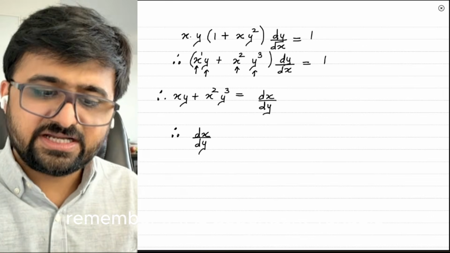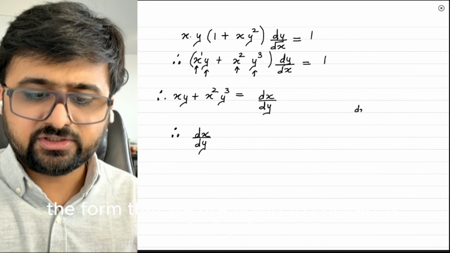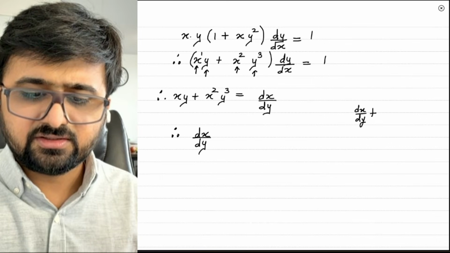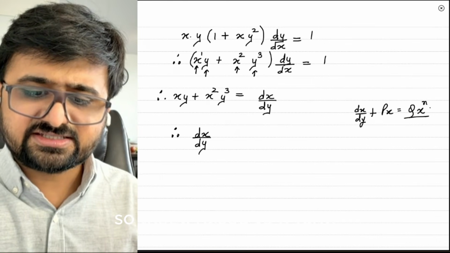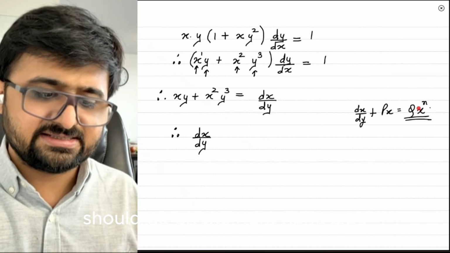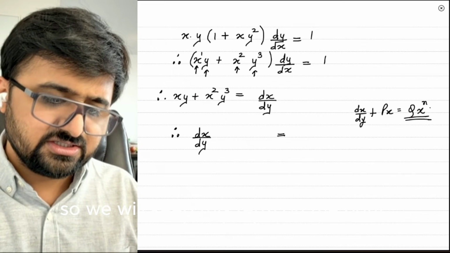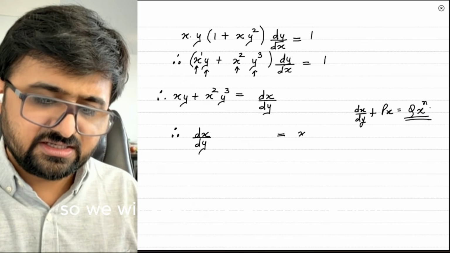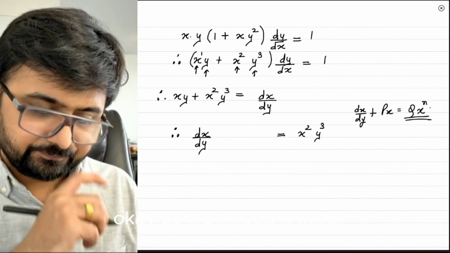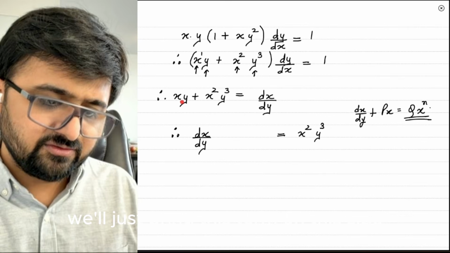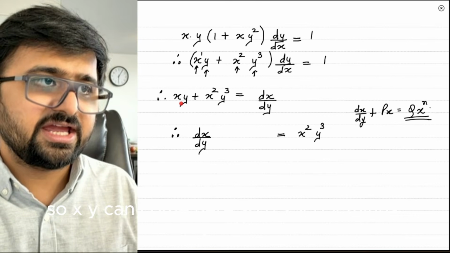Remember, if x is the dependent variable, the form that we are going to convert to is dx by dy plus px is equal to q into x raised to n. So that x raised to n term should be on the right hand side. So we will keep x square into y cube on the right hand side. We'll just bring this term on this side, so xy can come here.